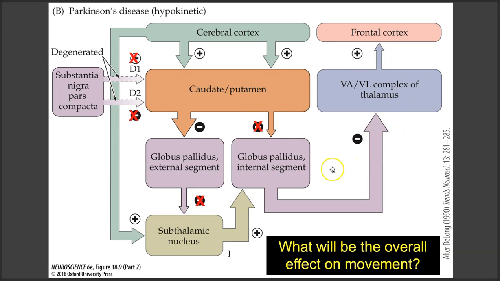That means these internal segment neurons are quite active at this point. Because of that, they're going to inhibit the VA/VL complex, and that is going to inhibit voluntary movements. Hence, you can see the underlying basis for how Parkinson's disease becomes a hypokinetic disease. This is a disease of diminished movement.